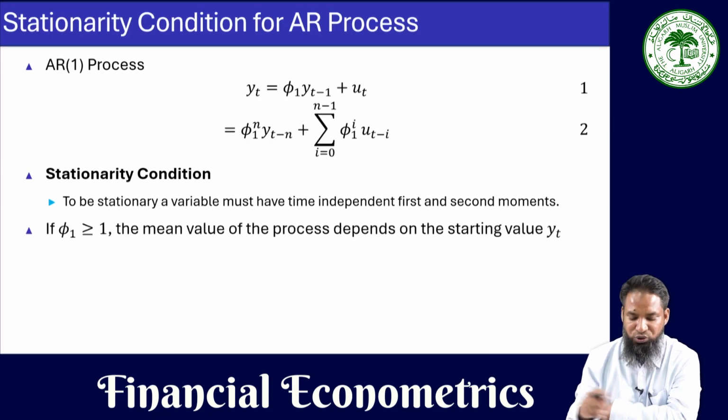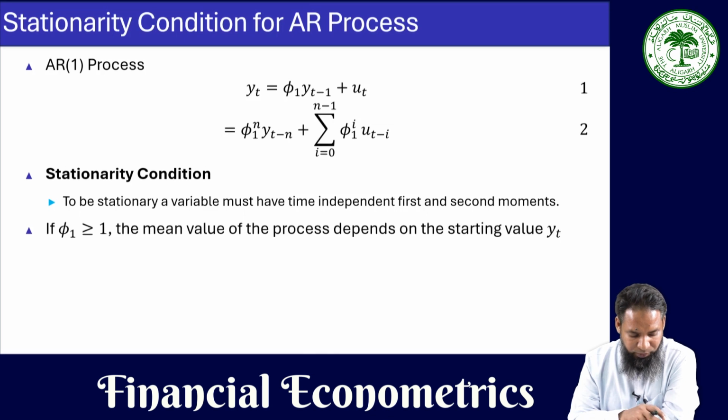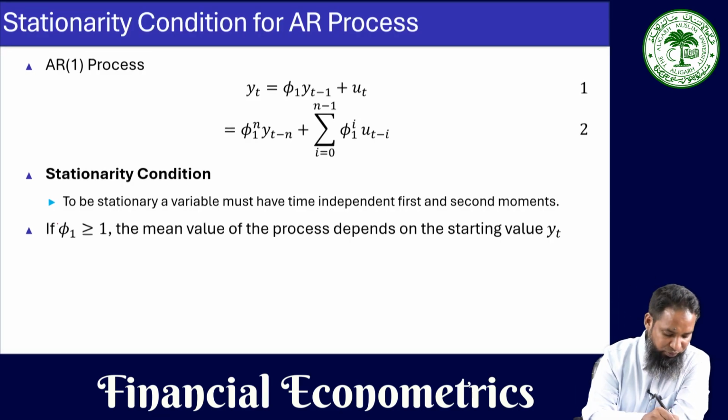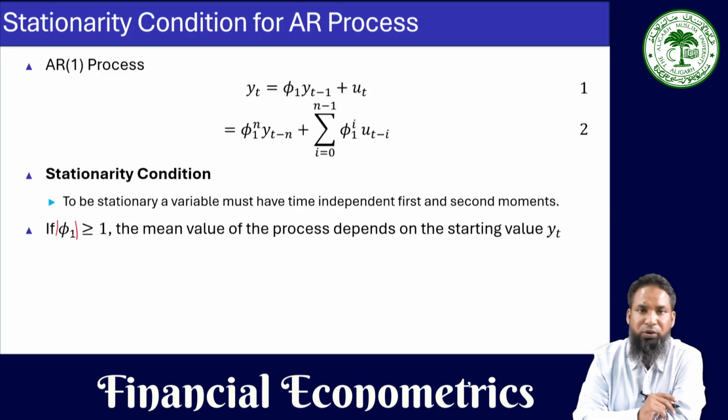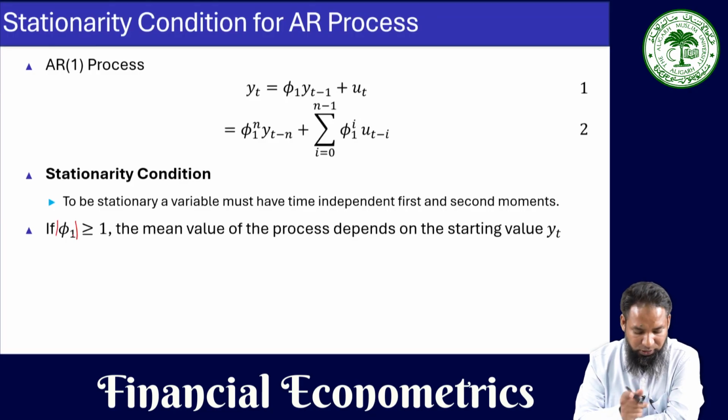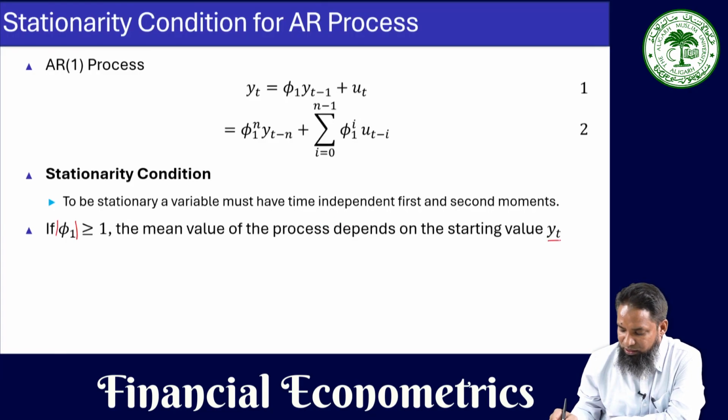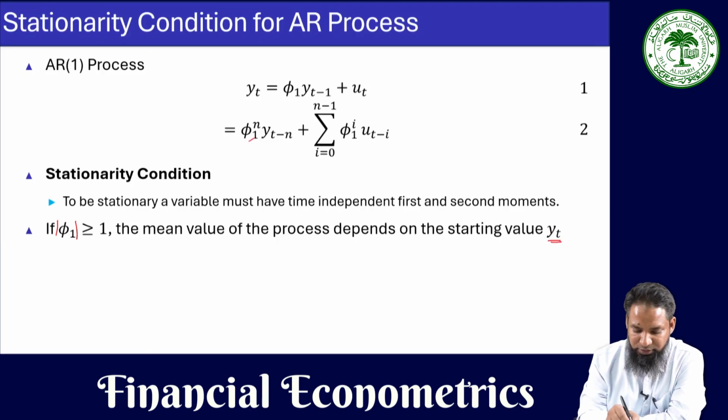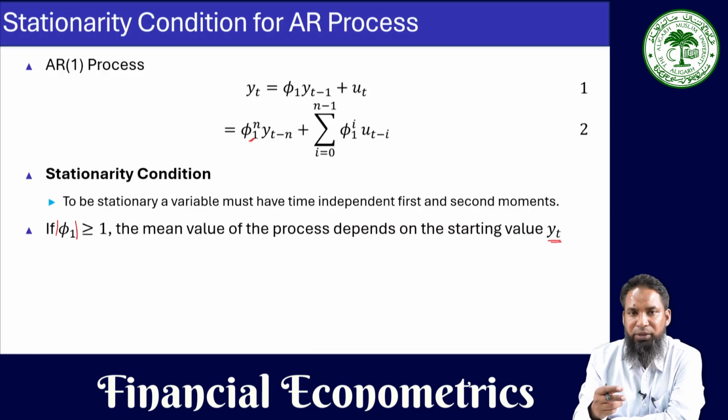Let us assume the absolute value of phi 1 is greater than or equal to 1. Then the mean value of the process depends on the starting value of yt, so it depends on time. So the process cannot be stationary.